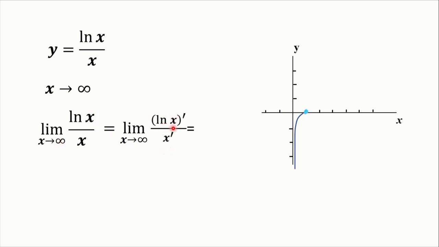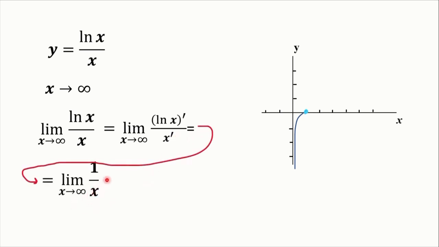The derivative of x in the denominator is 1. The derivative of ln x is 1 over x. So we have this limit. As x approaches infinity, we have 0. It means that in the range of large x, somewhere here, our function behaves like this.